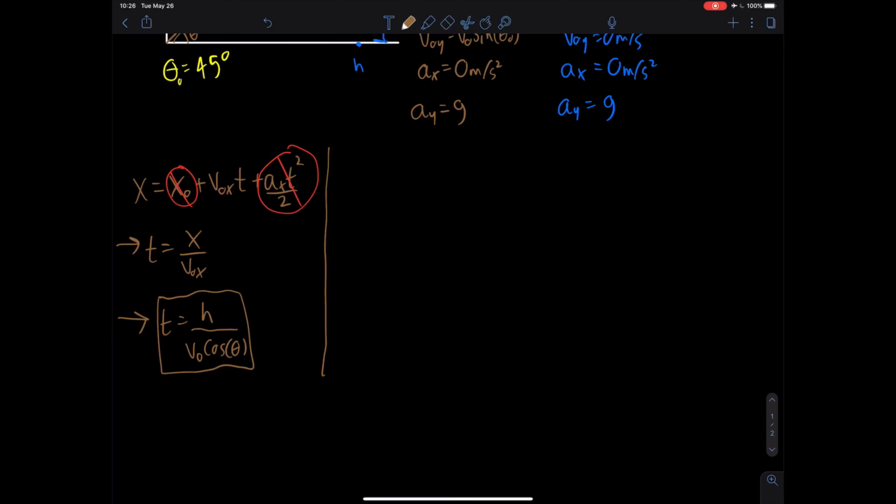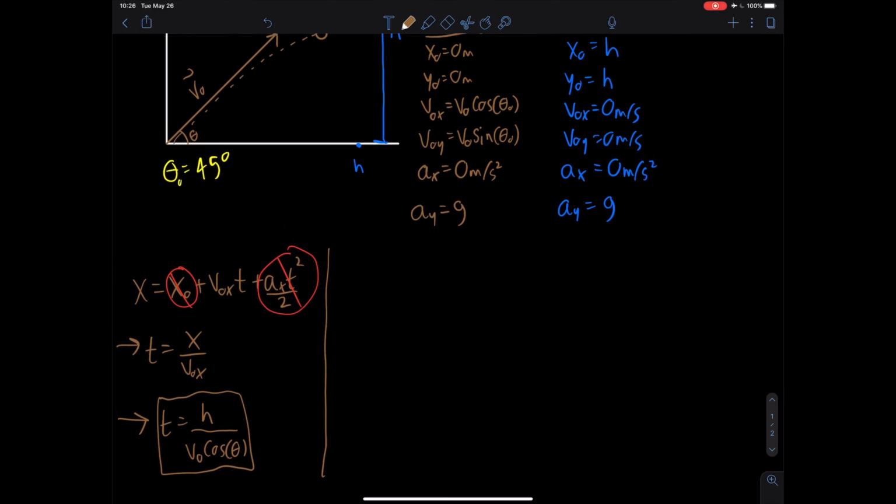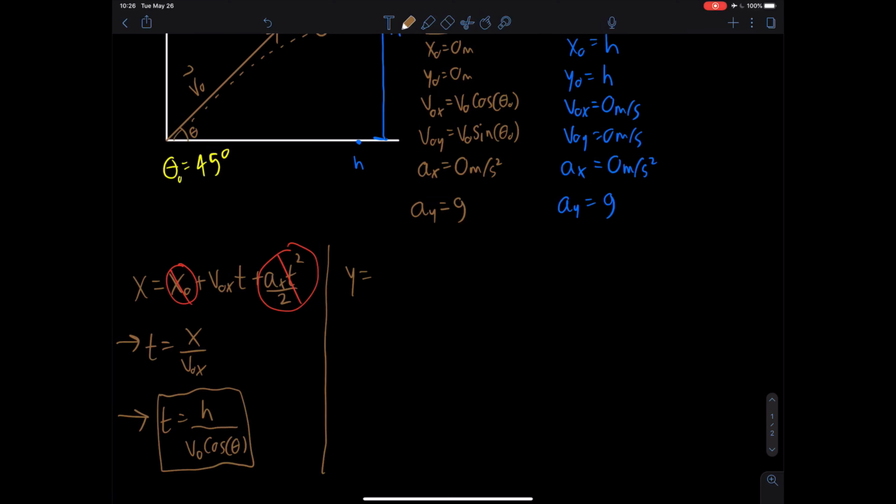Well, our vertical position for apple number 1 is going to be y equals y naught plus v naught in the y direction times t, and then plus a_y t squared over 2. So let's plug in some of these values. We know our first apple started at 0, so our initial position here is 0, so we don't have to worry about that.